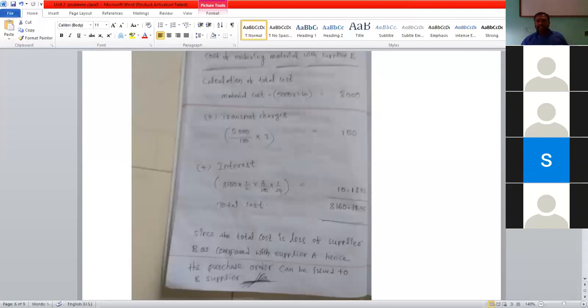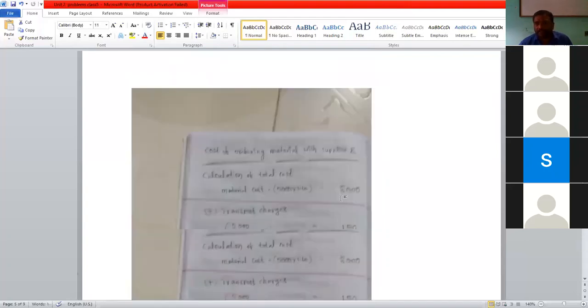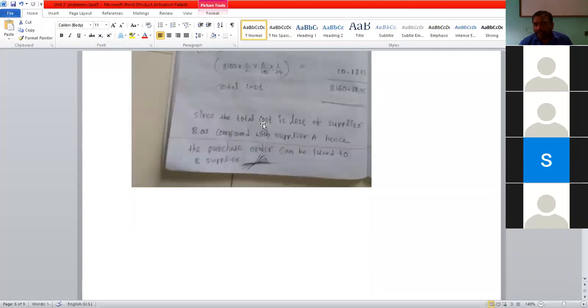So here, since the total cost of supplier B is less as compared with supplier A, B has a total cost of 8,160. See here, for A we got 8,823. So which is the least one? B is the least one. So therefore, since the total cost is less for supplier B as compared with supplier A, hence the purchase order can be issued to supplier B.